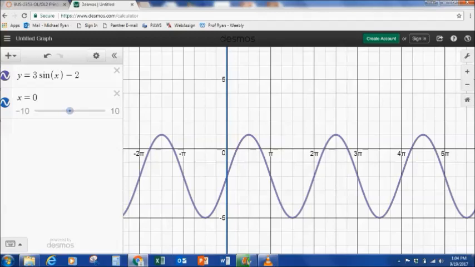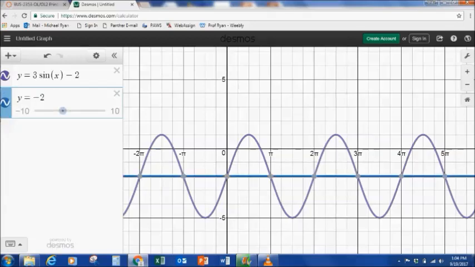That's how we know the amplitude, which is the number that's being multiplied in front of the sine. And because the midline, which in this case is, again, y equals -2, is 2 units down from the x-axis, that's why we have a -2 at the end.